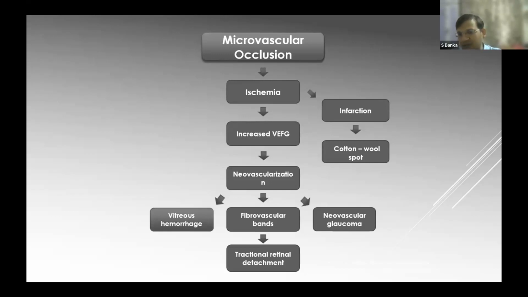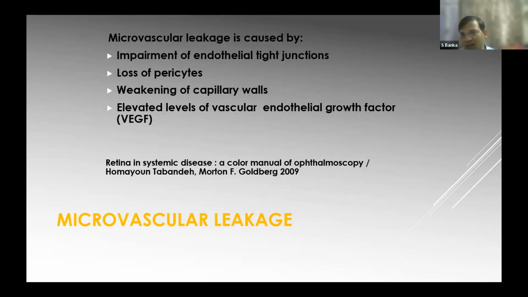And if this neovascularization stands for long, it can get organized into fibrovascular bands, leading to tractional retinal detachment and neovascular glaucoma. All these three, that is vitreous hemorrhage, neovascular glaucoma, and tractional retinal detachment in proliferative diabetic retinopathy, can lead to visual loss.